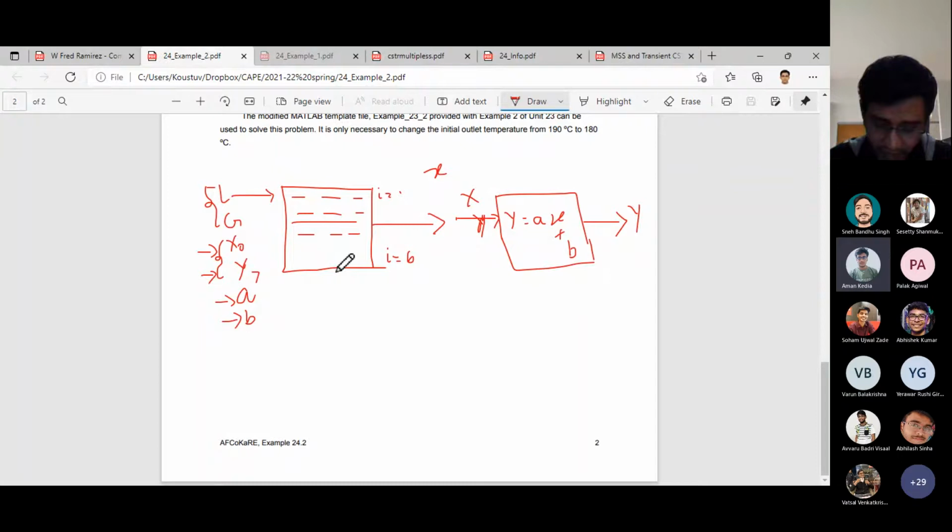It is not that each state variable will be calculated consecutively. They have to be solved simultaneously, not one after another. So in that case, one variable which is acting as an input can be solved from some other block where it is an output. So you have to make use of that arrow or connection, so that the output of this block diagram will act as the input of this block diagram.